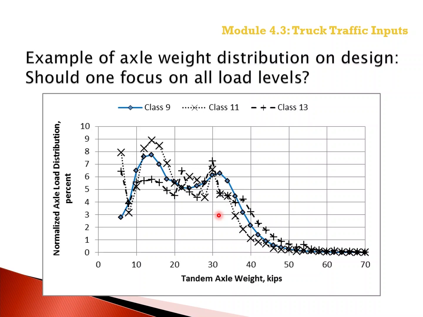Initially, we would say yes, because being more accurate is always perceived as being more reliable or better. However, in terms of predicting the stress, is that increased precision worth the cost for measuring those light axles or axles with light weights?